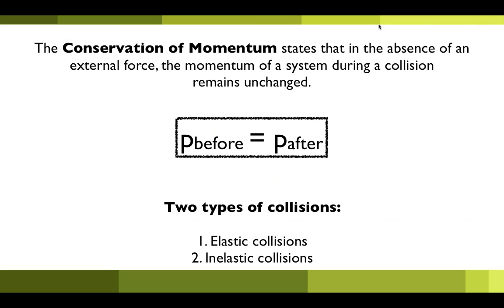So the first thing we're going to talk about that is conserved, surprise, surprise, is momentum. Conservation of momentum states that in the absence of some external force, the total momentum of a system remains unchanged. But we're going to mainly be talking about collisions.